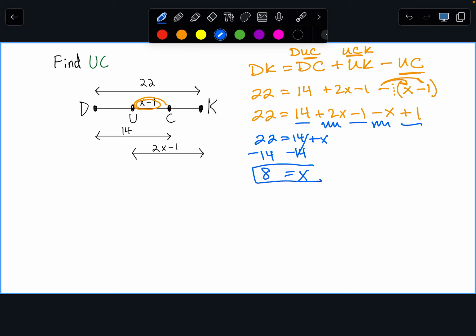And so now I'm going to take that back up here because UC equals x minus 1. Now I know that x is 8 minus 1, so UC is 7.